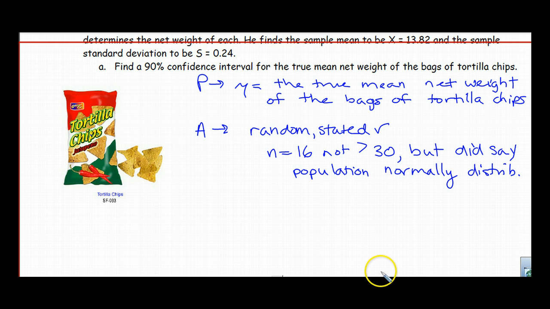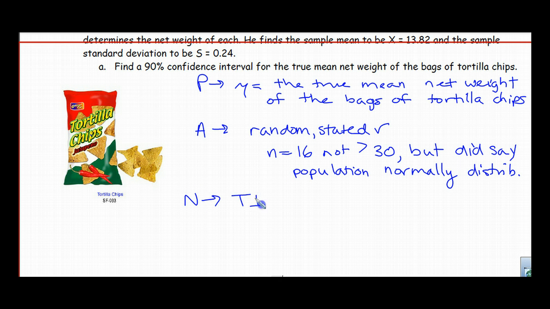So we're going to say that we're okay. If I had the data actually in front of me, I'd want to plot it and see if that was normal on a histogram. It doesn't give us that, but because it did say the population was normally distributed, and we're assuming this is a random sample, it should be a normal distribution. So we're going to say that that's okay.